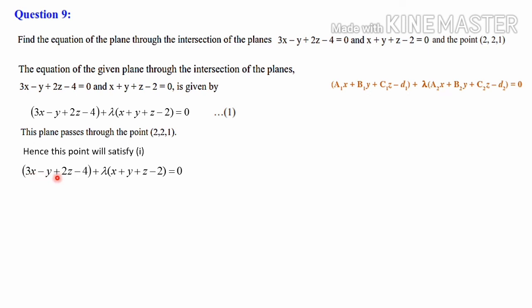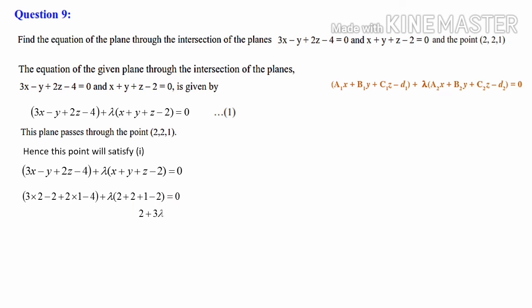3x minus y plus 2z minus 4 plus lambda into x plus y plus z minus 2 equal to 0. When we replace x, y and z and put 2, 2 and 1, here x is replaced by 2, y is 2 itself and z is replaced by 1, minus 4, plus lambda into, as before, x is replaced by 2, y by 2, z is 1, minus 2 equal to 0.